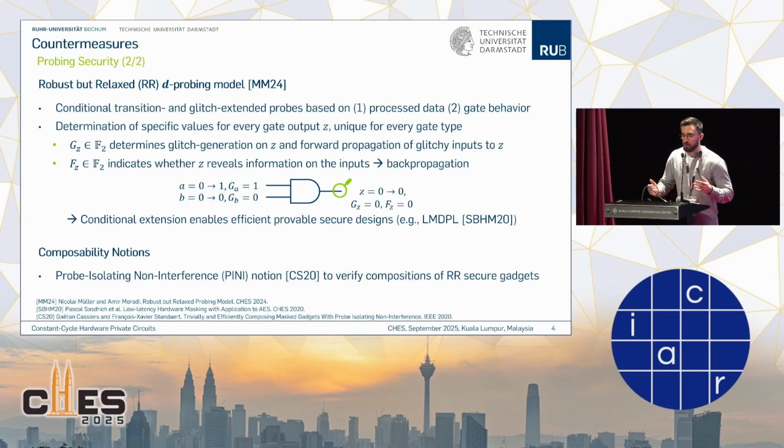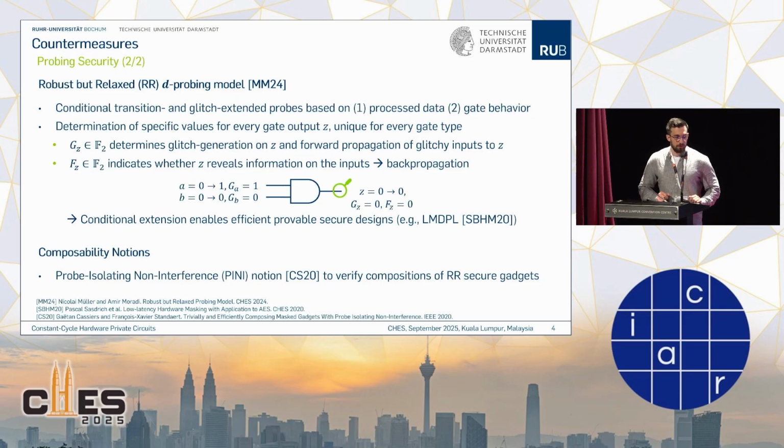So I don't want to dive into more details of this model, but I want to make sure that the intuition is clear. So consider the example in the middle of the slide. Here we observe the output of an AND gate, and both inputs are set to 0. And then one of the inputs switches to 1, and this is even glitchy, so it might toggle back and forth multiple times until it eventually stabilizes.